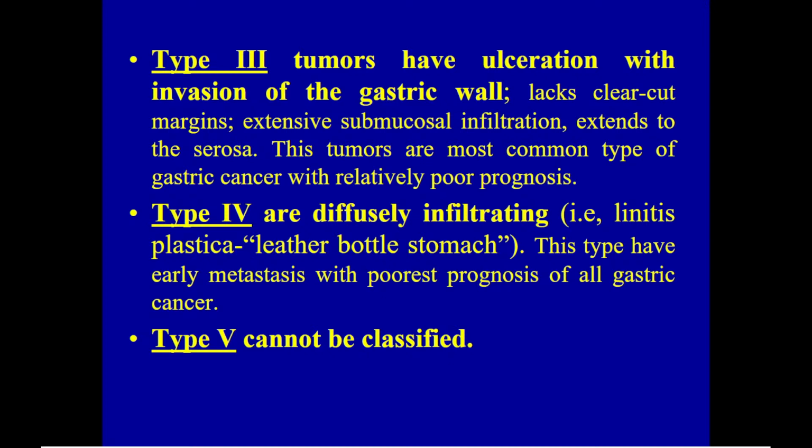Type 4 are diffusely infiltrating, linitis plastica, leather bottle stomach. This type has early metastasis with the poorest prognosis of all gastric cancers. Type 5 cannot be classified.